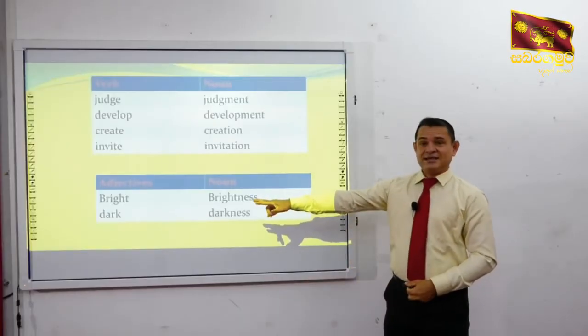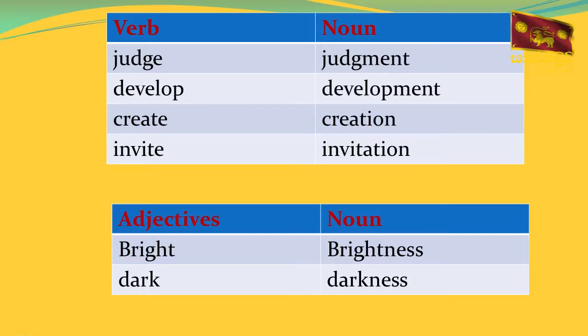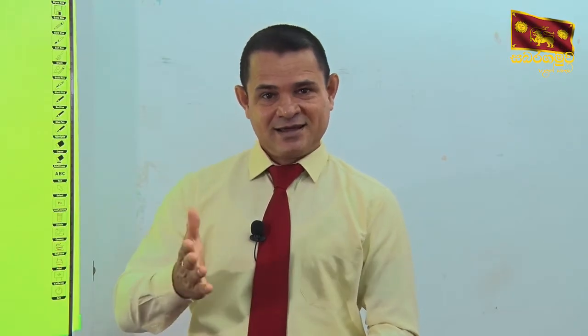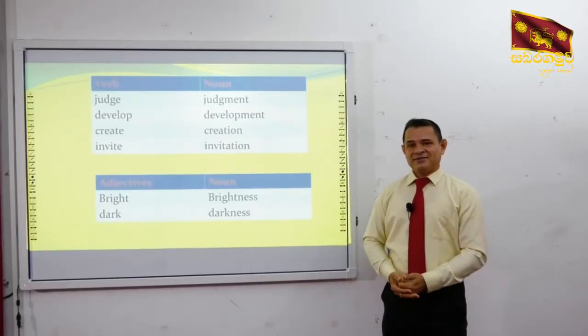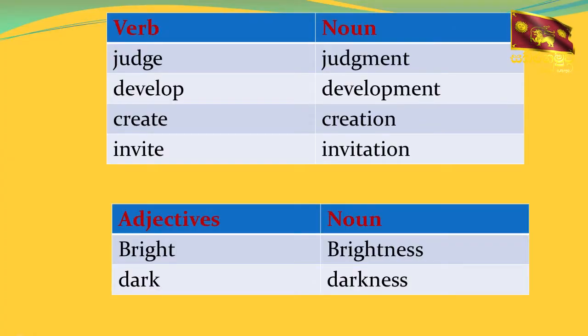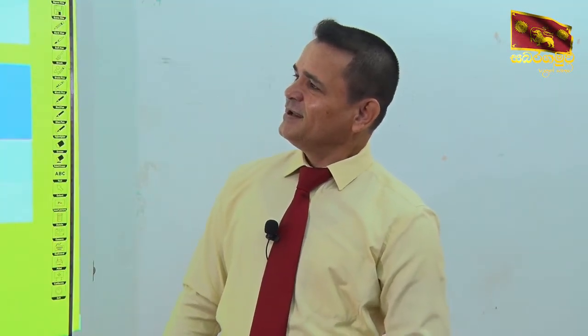And dark, once again it is an adjective. Dark shirt, dark room. Room is the noun, dark adjective. You got an idea? And darkness, it became a noun. So you see, it's very interesting when you learn all these things in English, no? Right. Look at them. Now, nouns become adjectives.